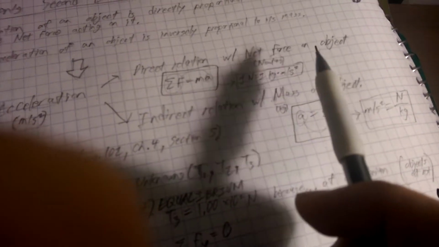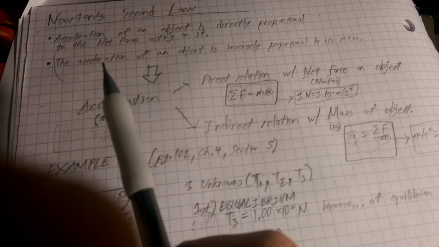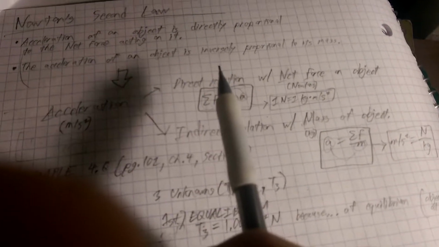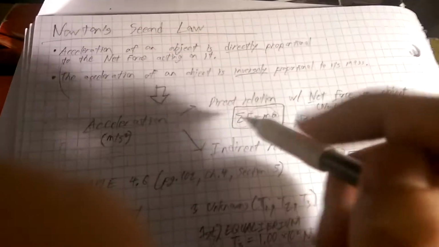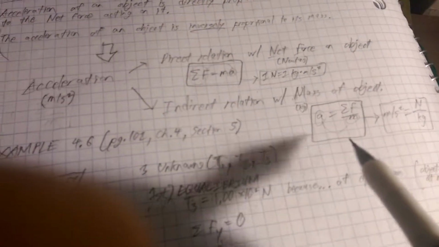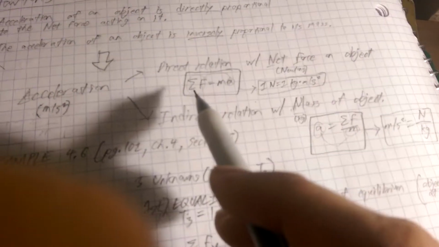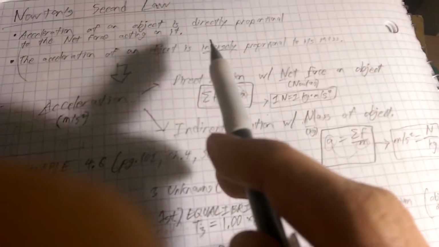So, net force on an object. But then there's also the fact that Newton's second law covers that the acceleration of an object is inversely proportional to its mass. Note the importance between directly and inversely proportional. These two equations in the box right here will help you see that, because force and acceleration are directly related.